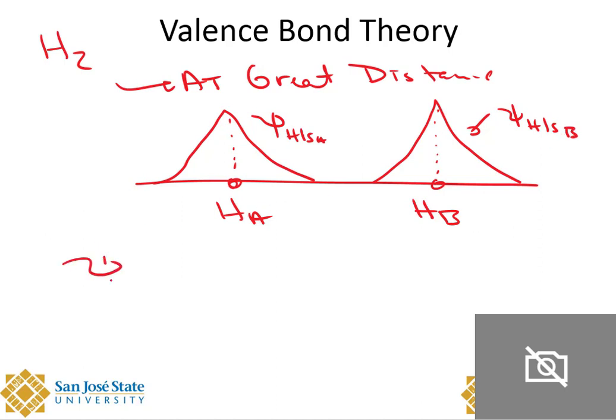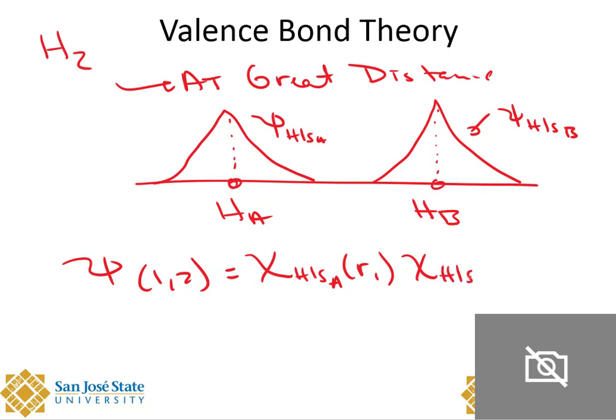And for those wave functions, both 1 and 2 should be described by chi H1s sub A at a distance r1 and chi H1s sub B at a distance r2.